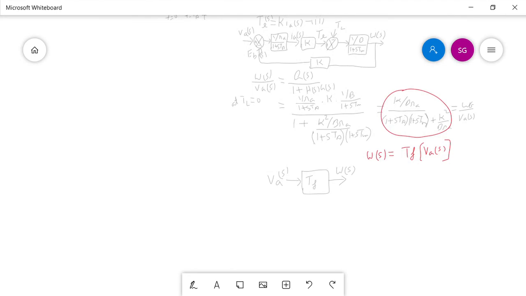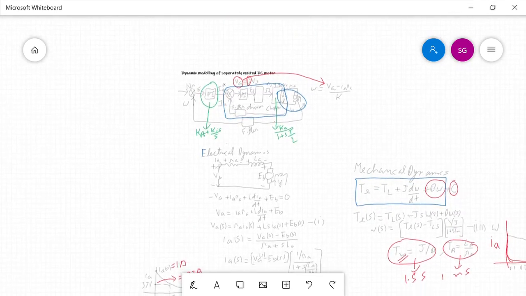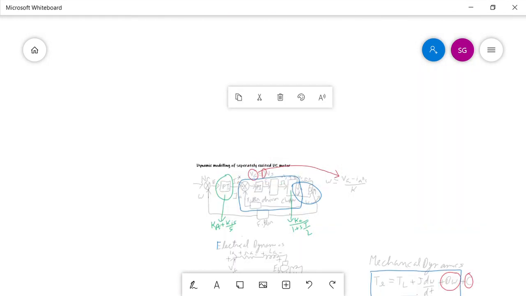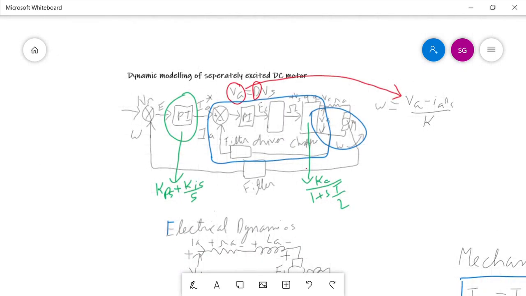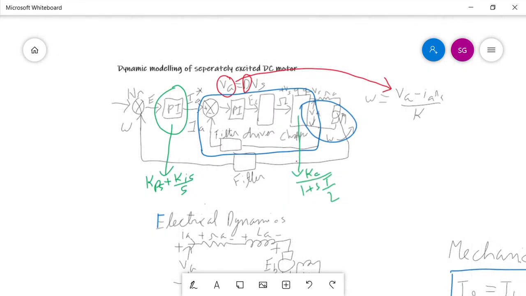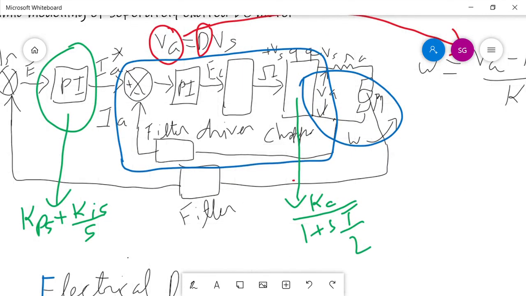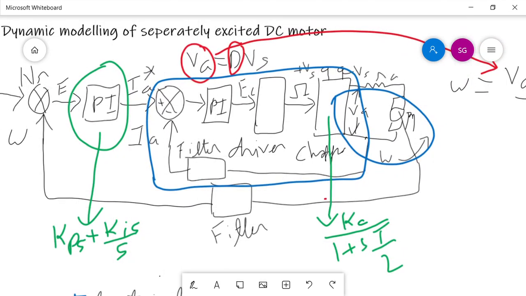We started from this block diagram. In this, the mathematical relation between VA and omega we were not knowing. Now we also know this part, so a complete mathematical equation, this closed loop is defined through another mathematical equation.